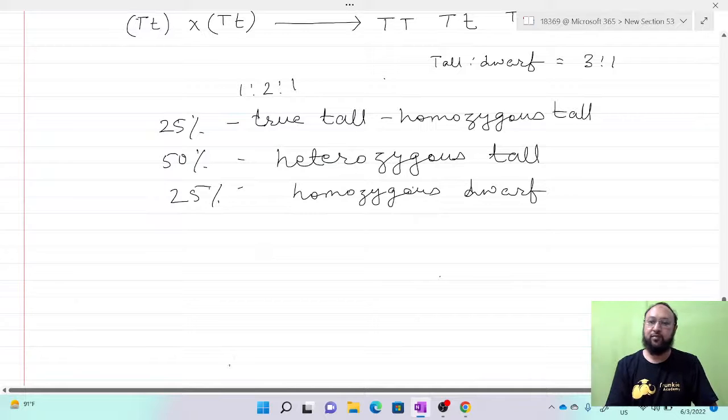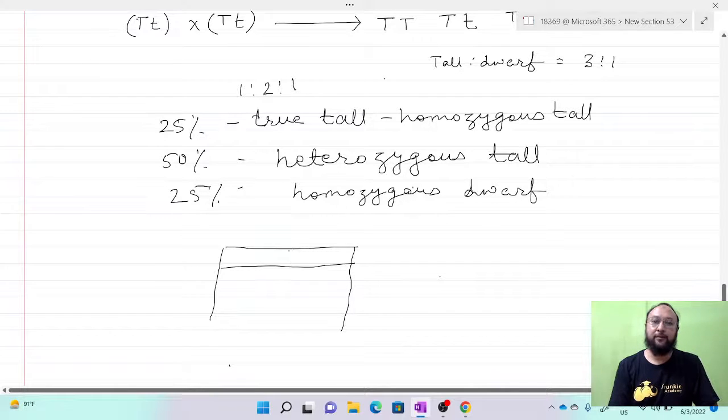Just try to understand this point. What happens when the male gametes are produced? Similar types of gametes will be produced in both male and female. Now we'll divide this: from the male side, and this is for the female.